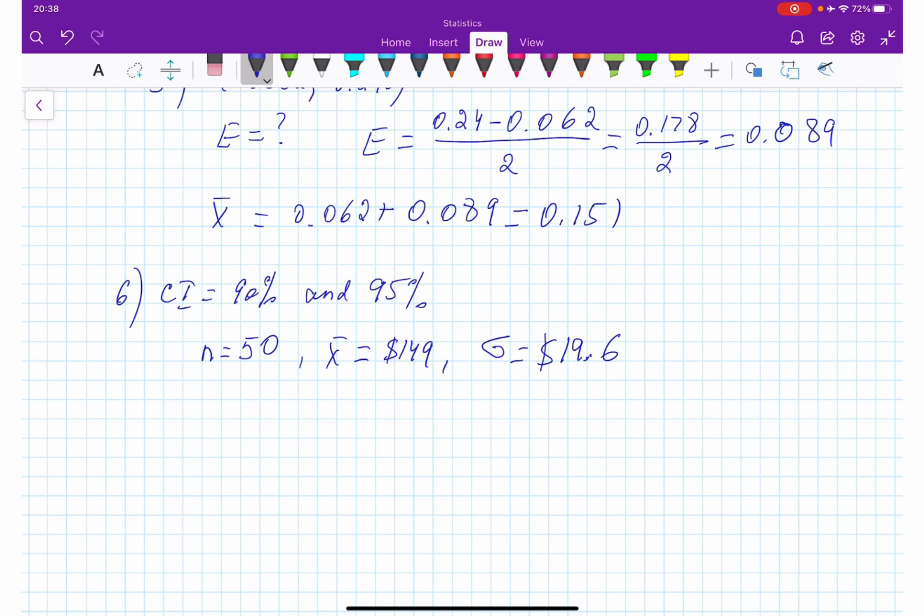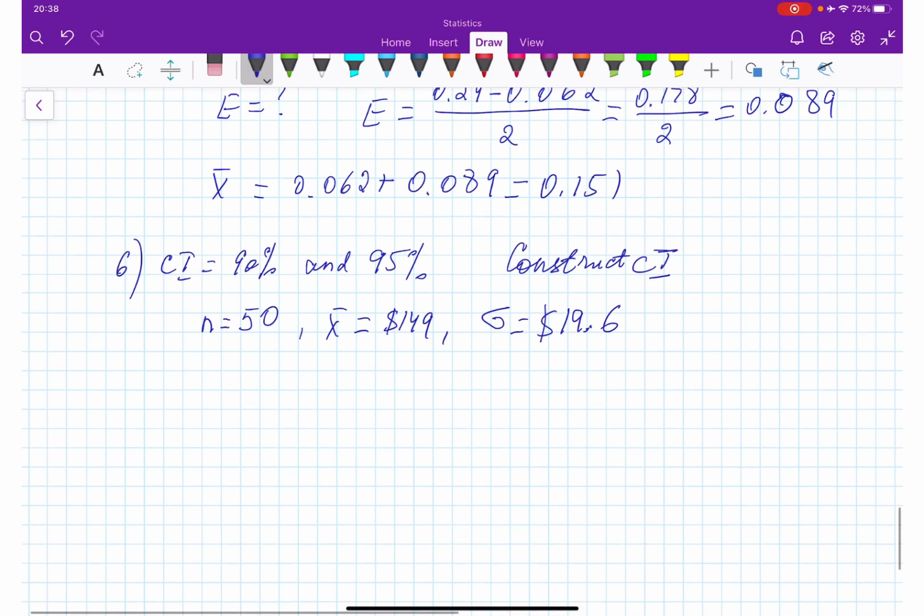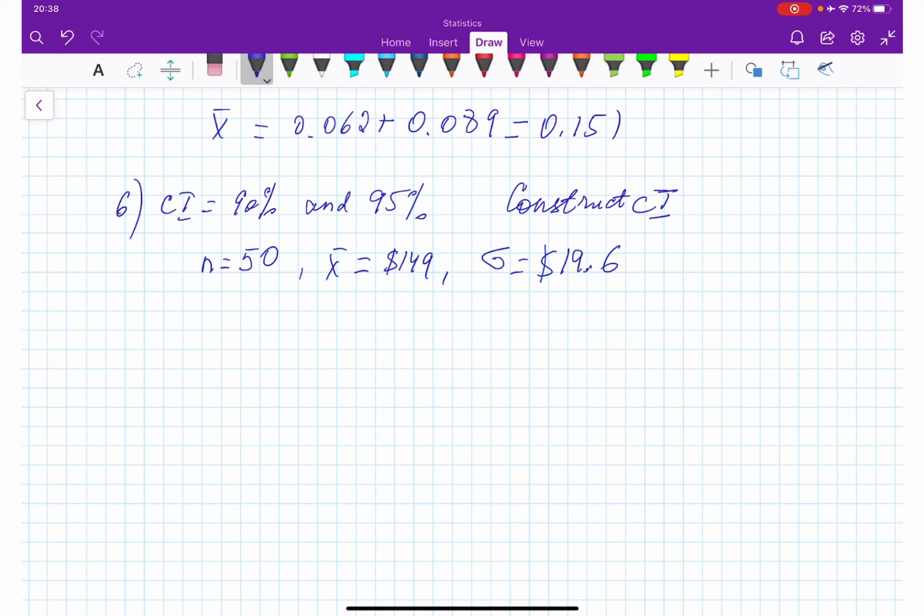So we need to construct the confidence interval. For the unknown mu in that interval, mu is greater than x bar minus error, and less than x bar plus error.